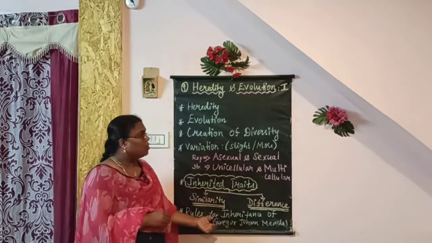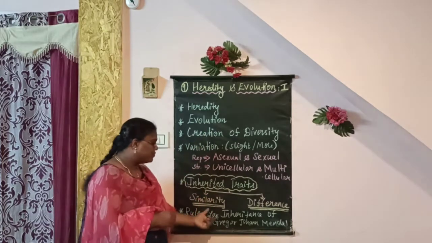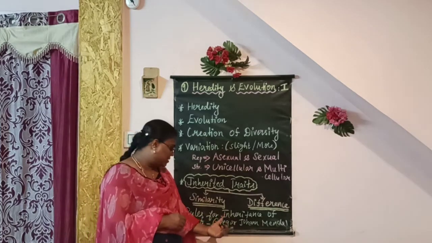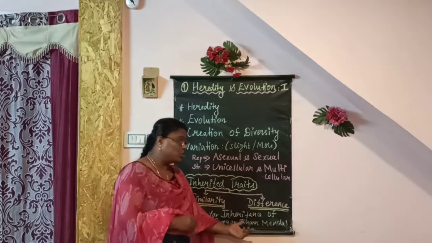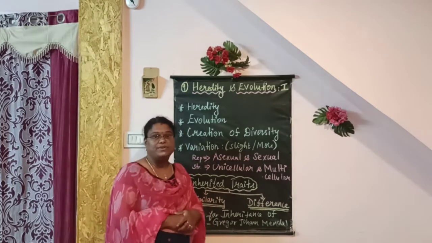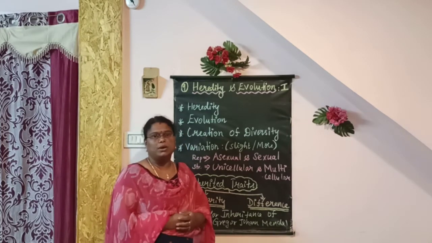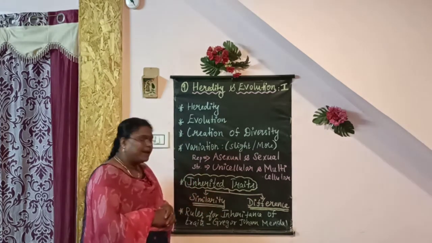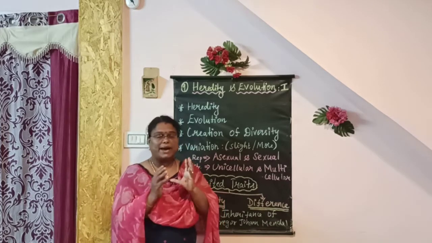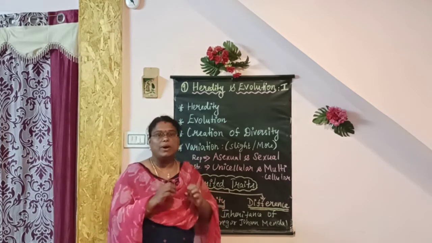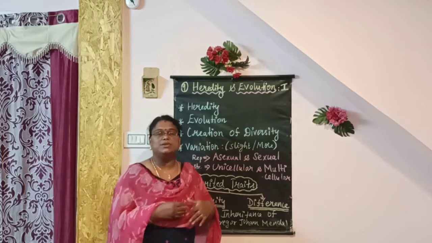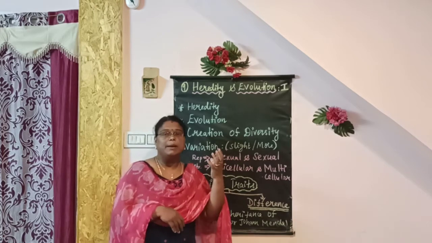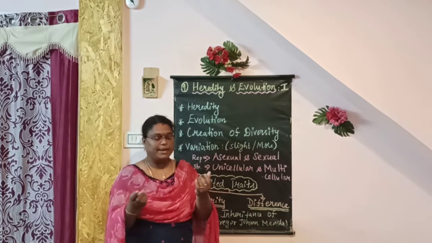And the last topic under this part 1 is rules for inheritance of traits. These rules were given by Gregor Johann Mendel, who is the father of genetics, who contributed more to the field of genetics. We'll see what rules were given by him. The first rule is that the parents are the ones who give genetic material to the child. The child will be receiving two types of DNA, that is paternal DNA and maternal DNA.